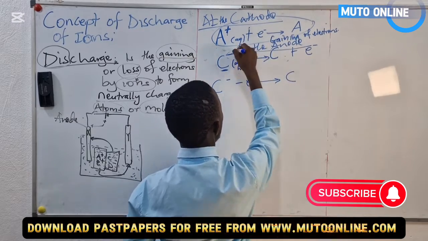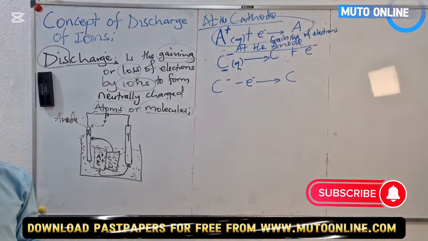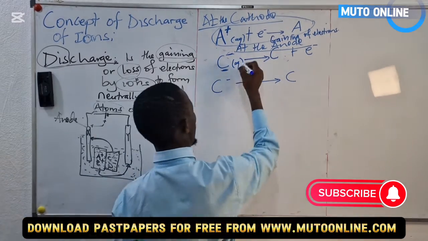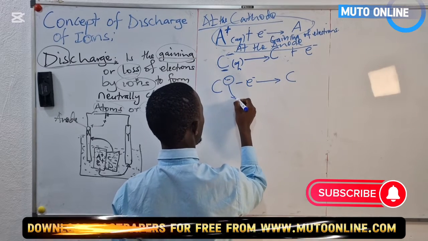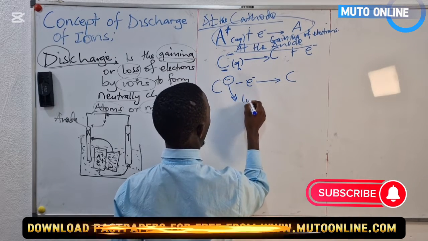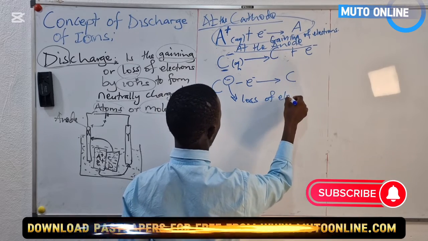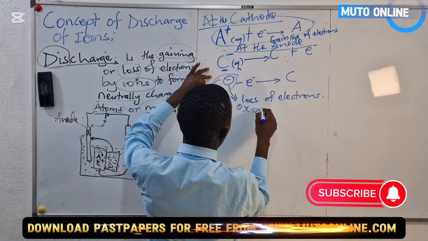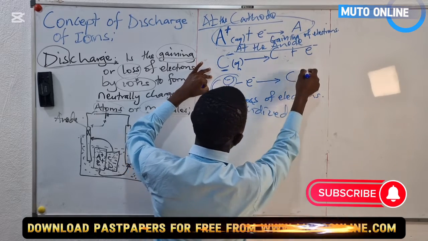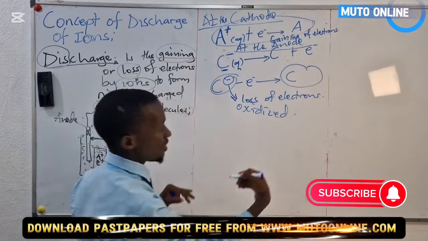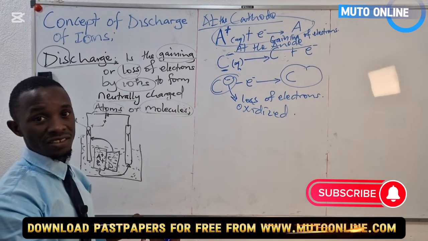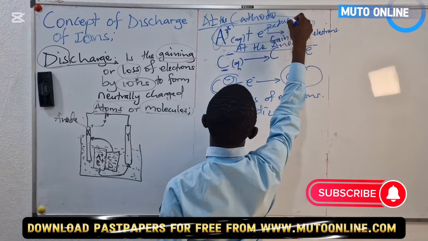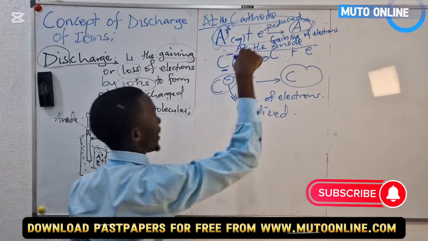In short, they migrate to oppositely charged electrodes. The negatively charged ones will be discharged by loss of electrons. So here, the C will be oxidized to the atom of C. The ion of A will be reduced to the atom of A.